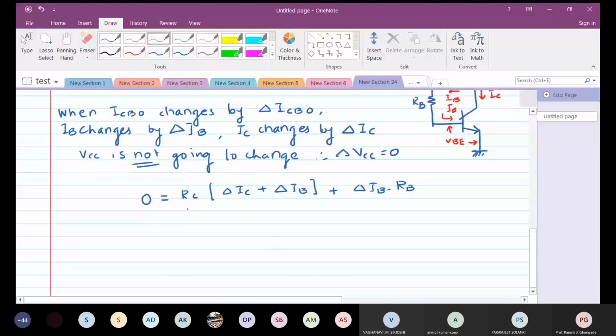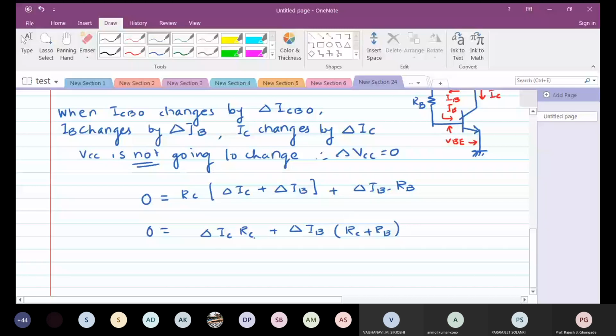Okay, this is important. I can rearrange this as delta IC into RC plus delta IB into RC plus RB. Just rearranging the terms. Nothing great.